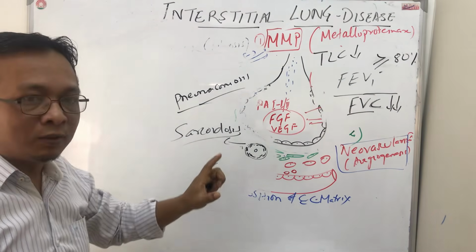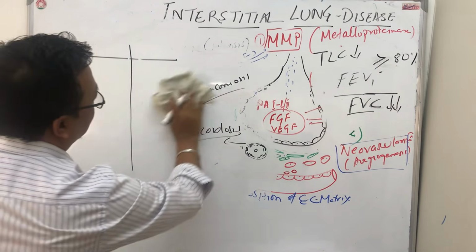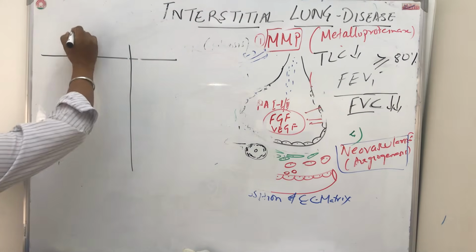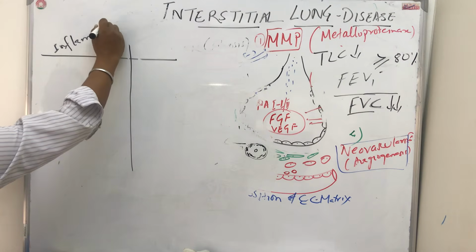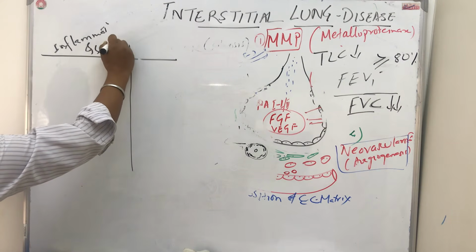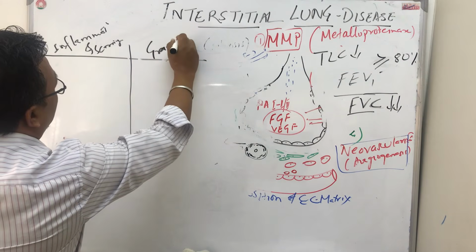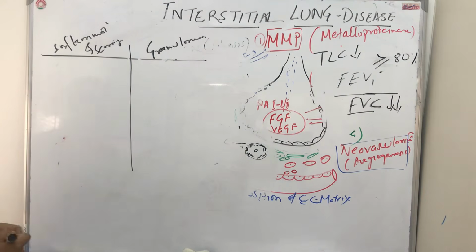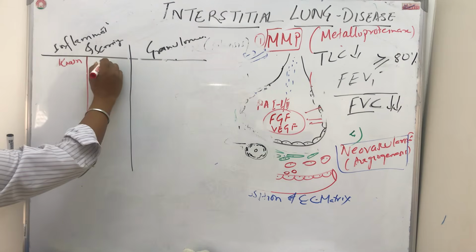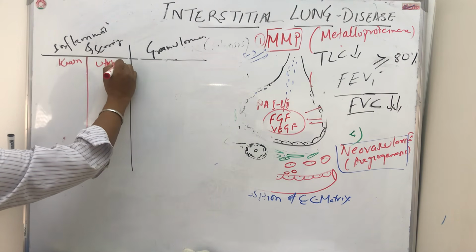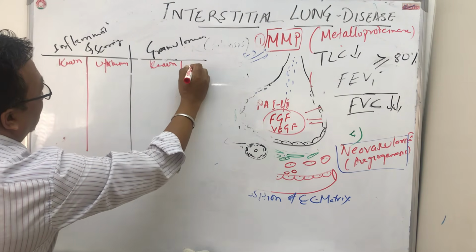In Harrison, the classification is like this: there are two types of interstitial lung disease, due to progressive inflammation and scarring, and inflammation due to granuloma formation. Now they have subdivided these into known causes and unknown causes.